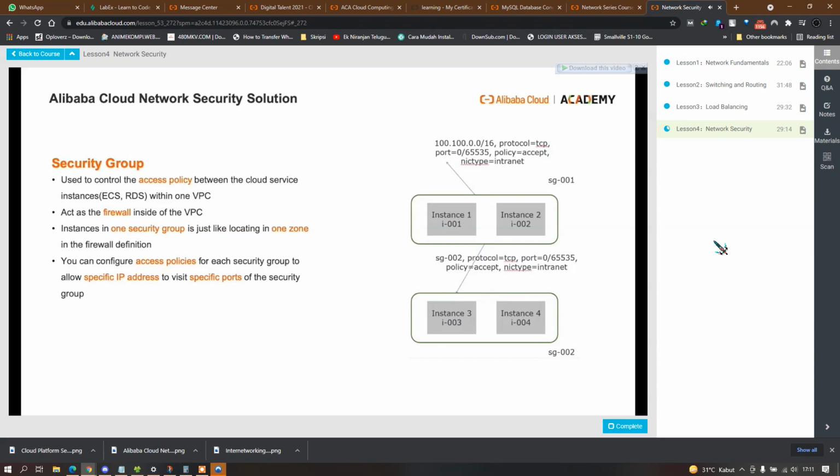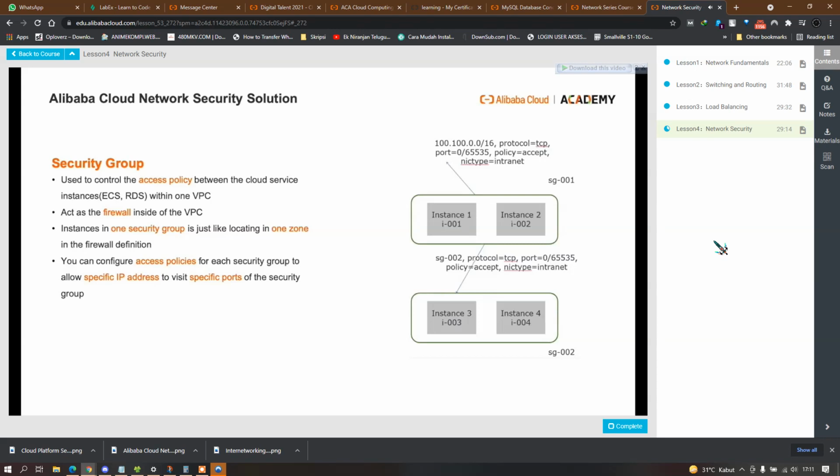We can put these two kinds of ECS instances in different security groups and set the access policies, for example, from which IP address you can visit the service, and which port. In this way, we can use the security group to control the network access policy.